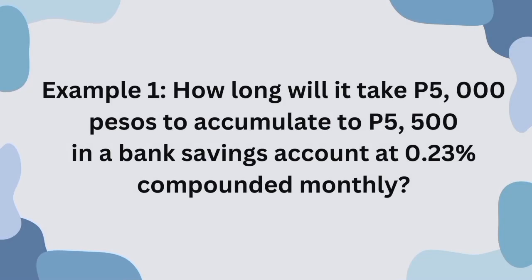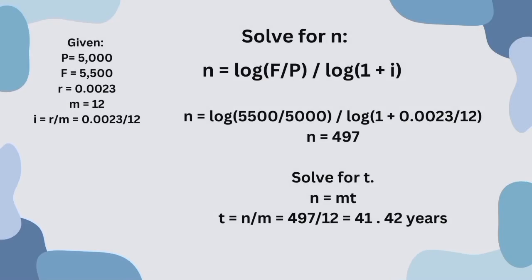Example 1. How long will it take 5,000 pesos to accumulate to 5,500 in a bank savings account at 0.23% compounded monthly? Given our present value is 5,000 and our future value is 5,500, R is 0.23, but we will convert into decimals.